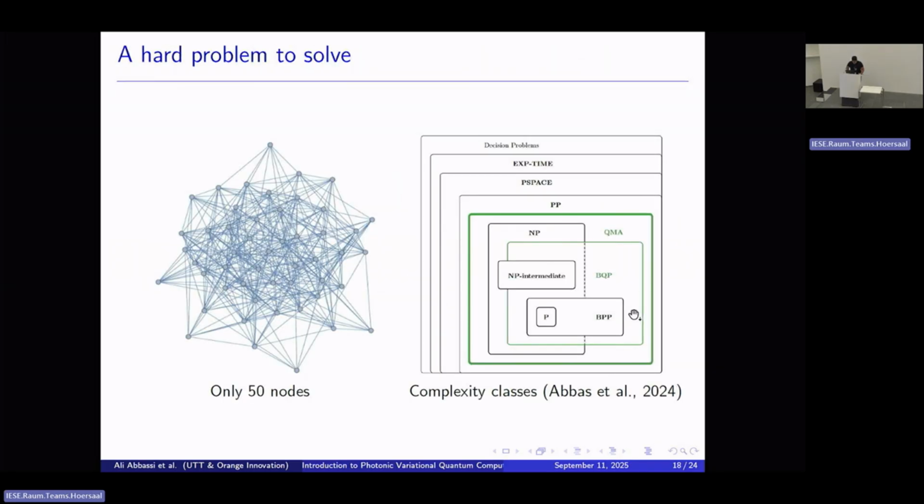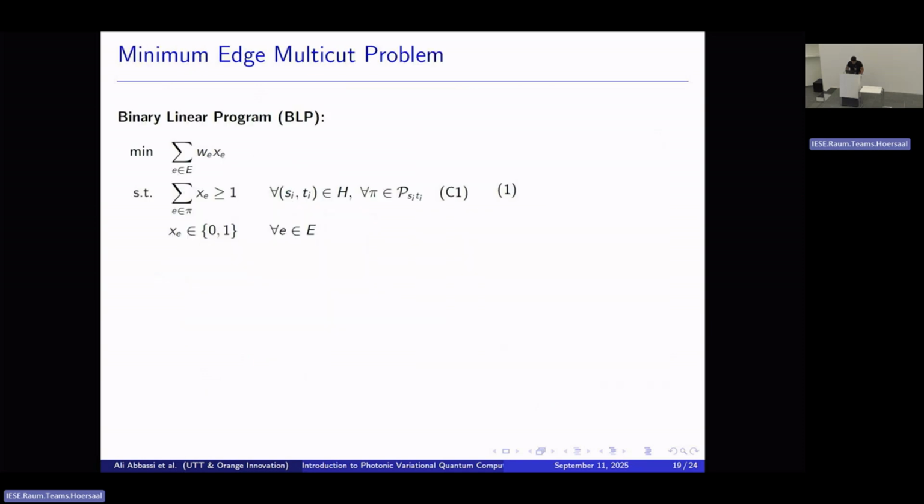So as I said, the optimization problem is NP-hard. Even the decision problem associated to it lies in NP, and the hope is that maybe if BQP, bounded-error quantum polynomial time algorithms, are near this class, maybe we could have some chance and solve it.